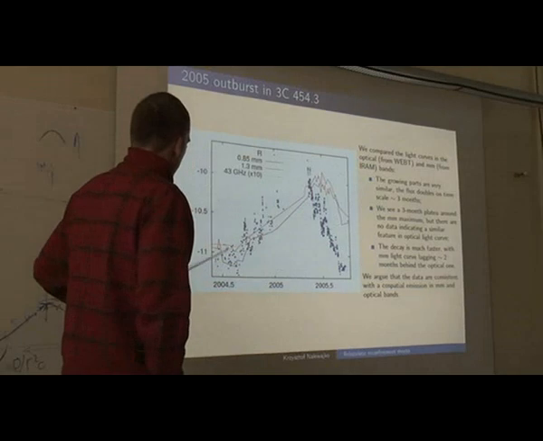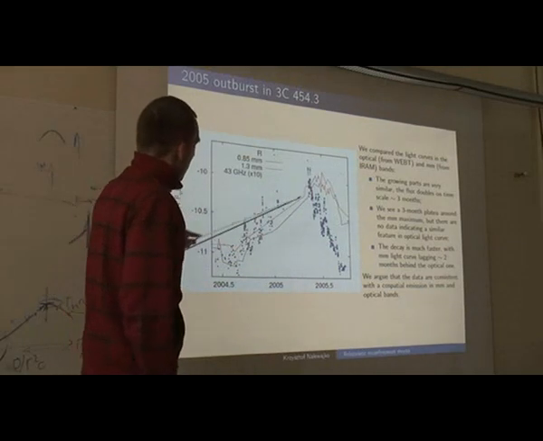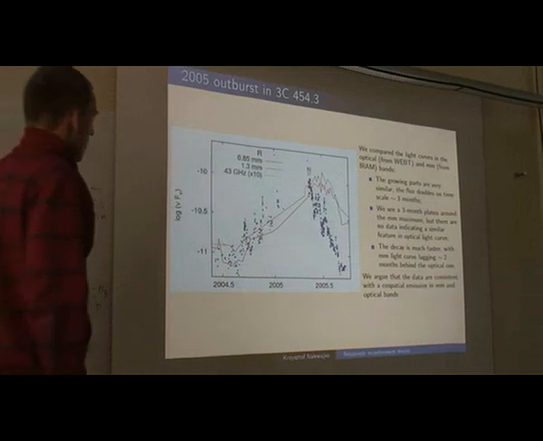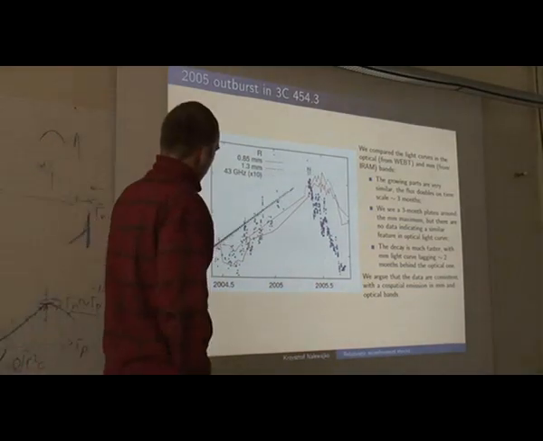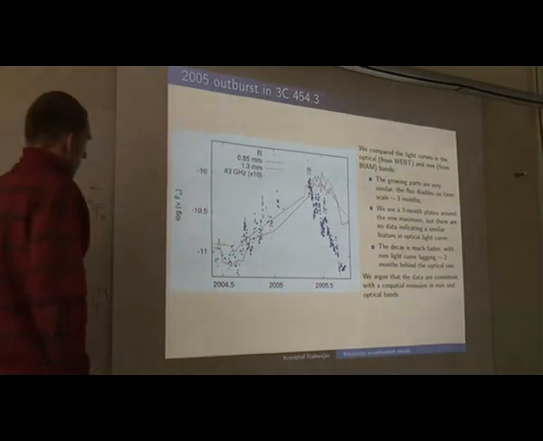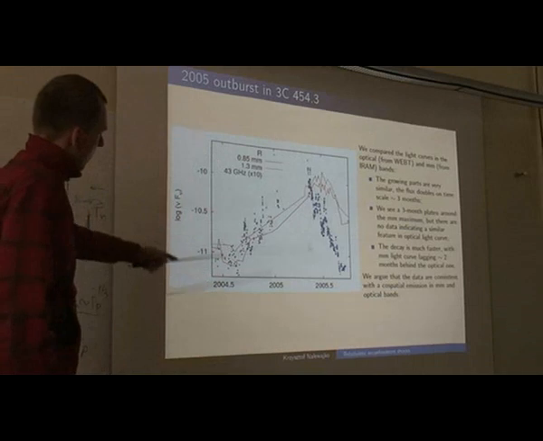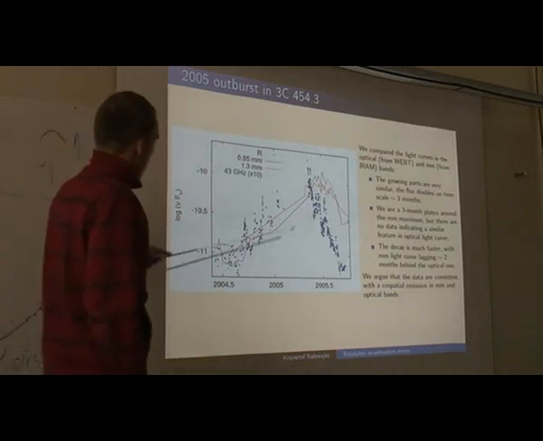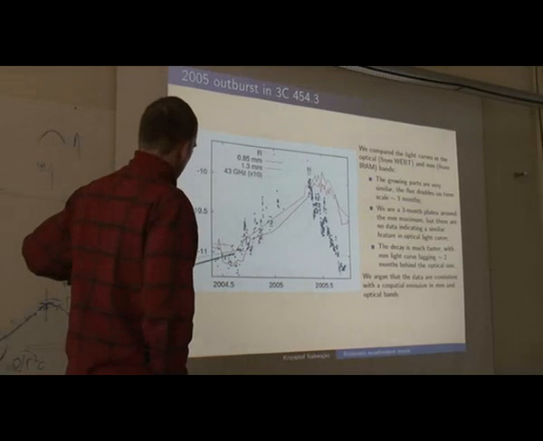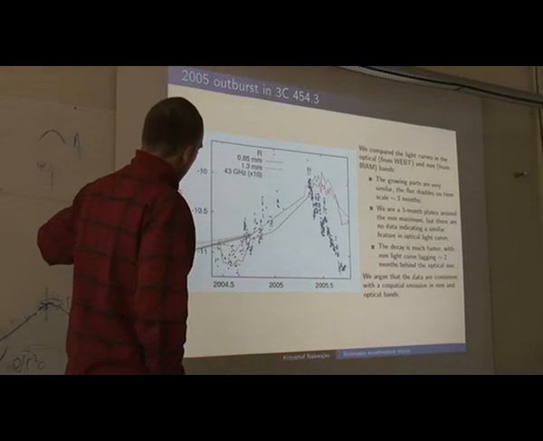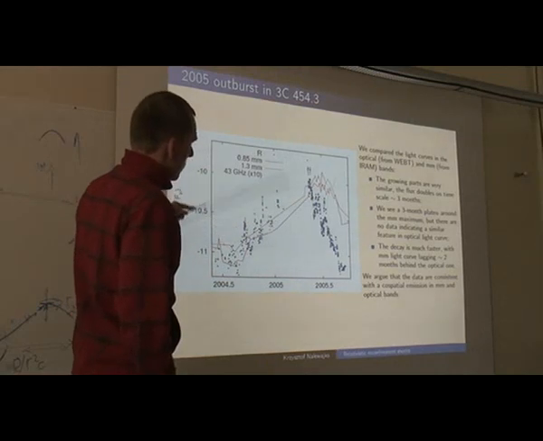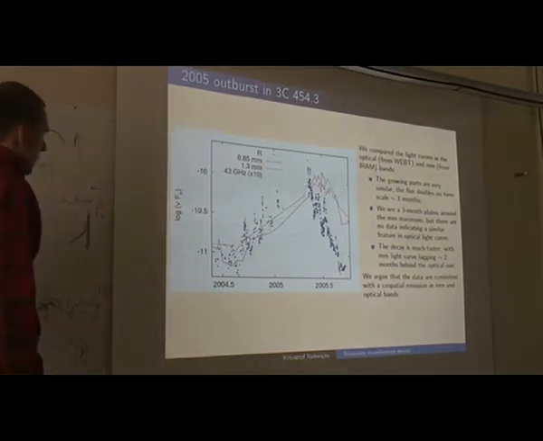So here are millimeter data in two bands, and they show a very similar behavior. They are shown here connected, but we have no data from this period because of the proximity of the sun, just above the maximum of the flare.